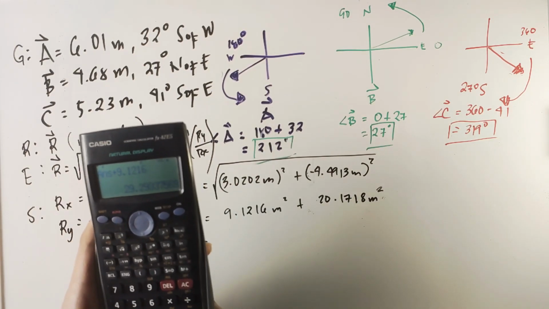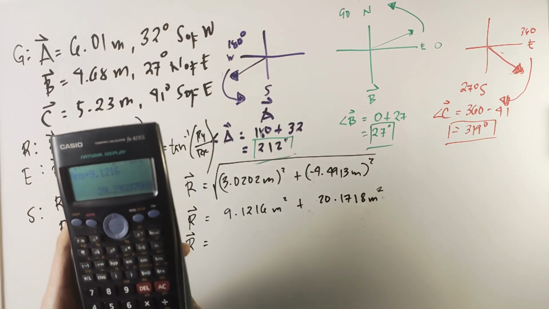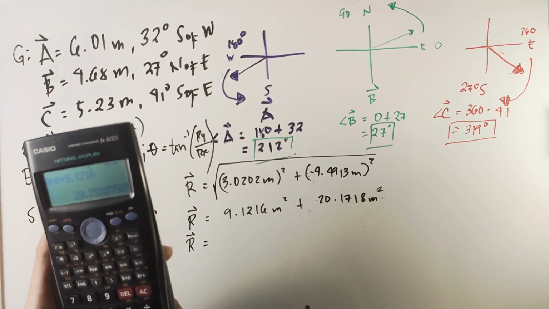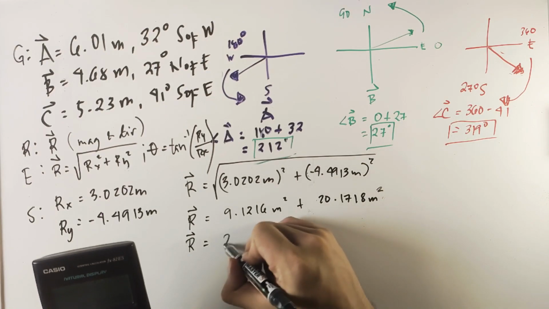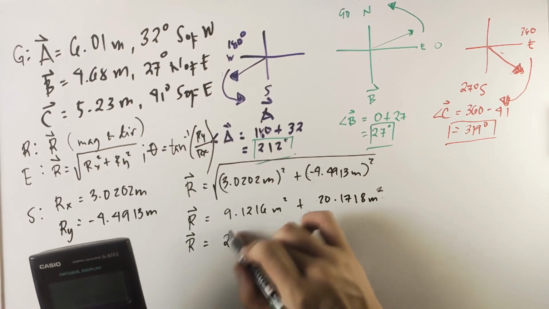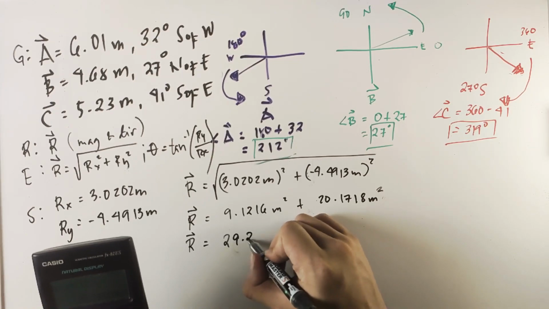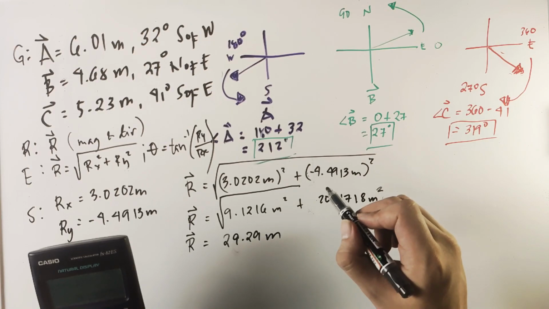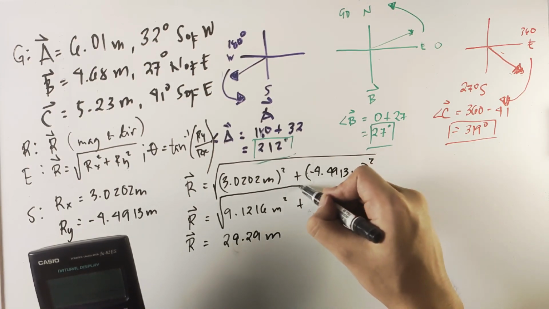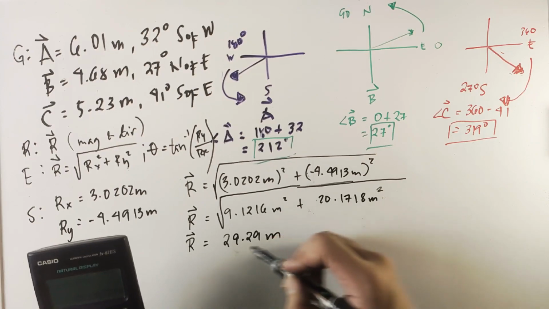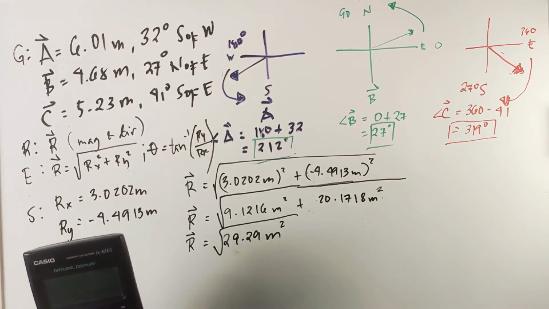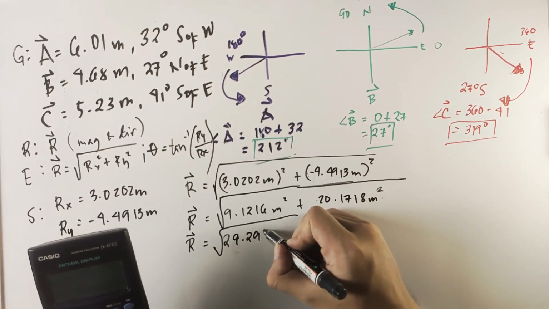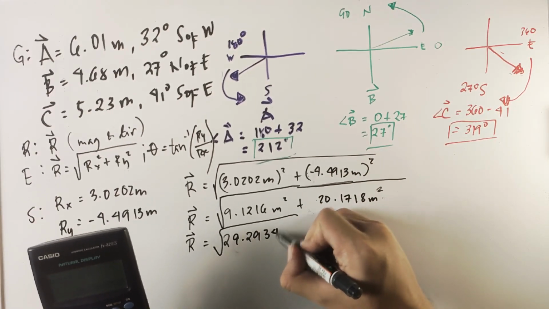Okay, so here's your answer, 29.29. In this case, you can now round it off to the nearest hundredths or 2 decimal places after the decimal point. Okay, so that's 29.29 meters squared. But of course, we're not done yet, so let's include 2 more decimal places.